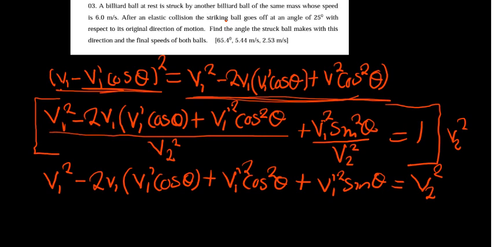From the look of things, we can see that this equation contains two unknowns, our v1 final and our v2, which we do not have, meaning there's no way we can find these two missing values using this equation.